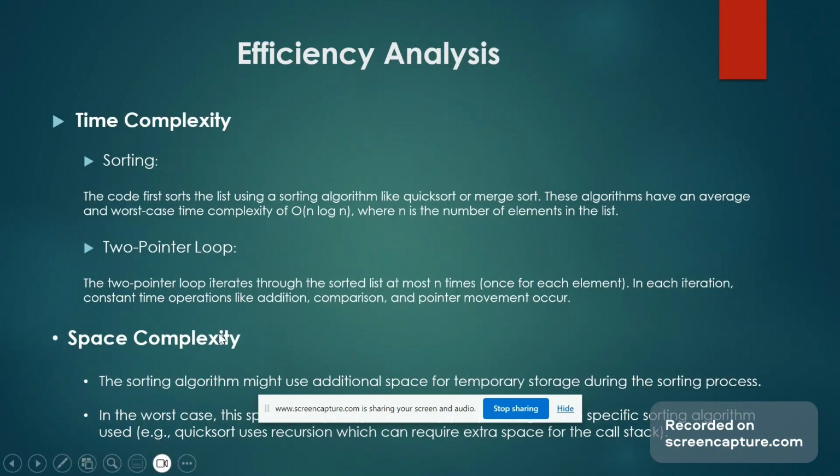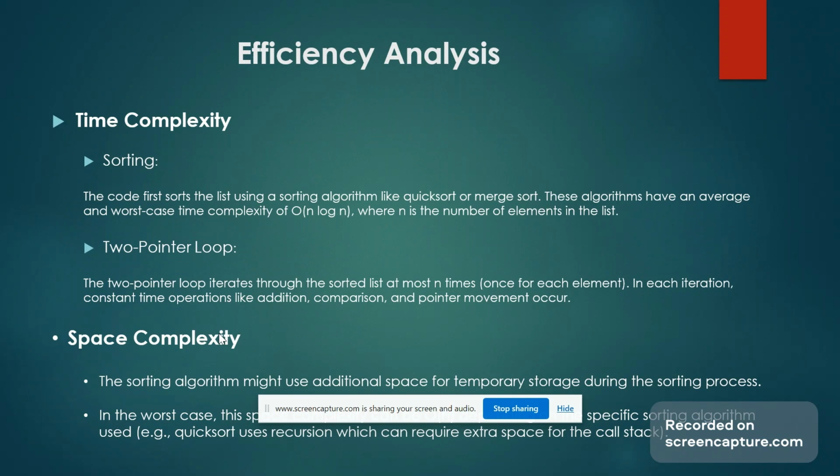Let's see the efficiency of this particular code for the problem. When it comes to time complexity, our code first sorts the list using a sorting algorithm like quick sort or merge sort.